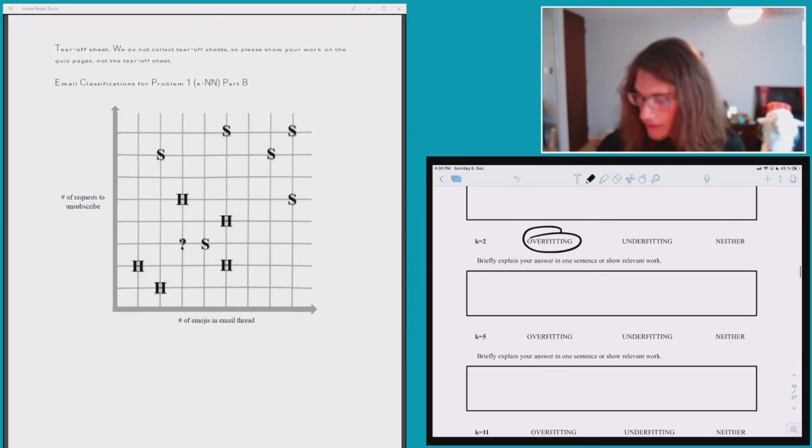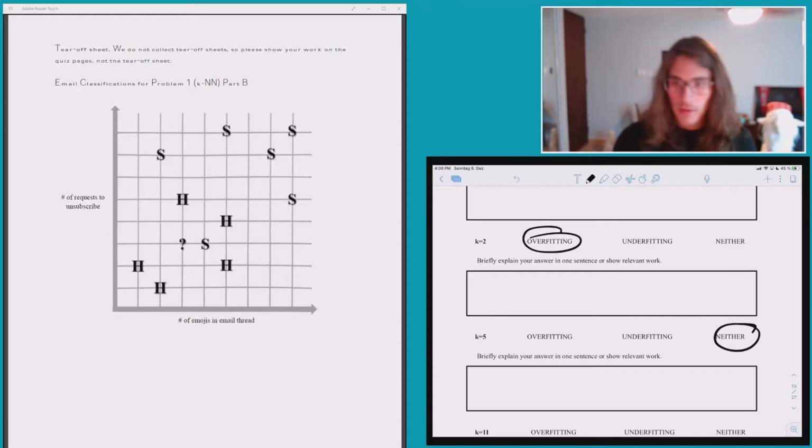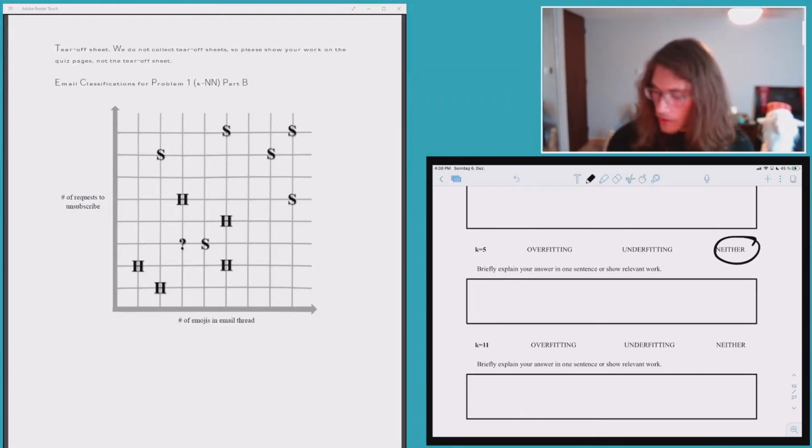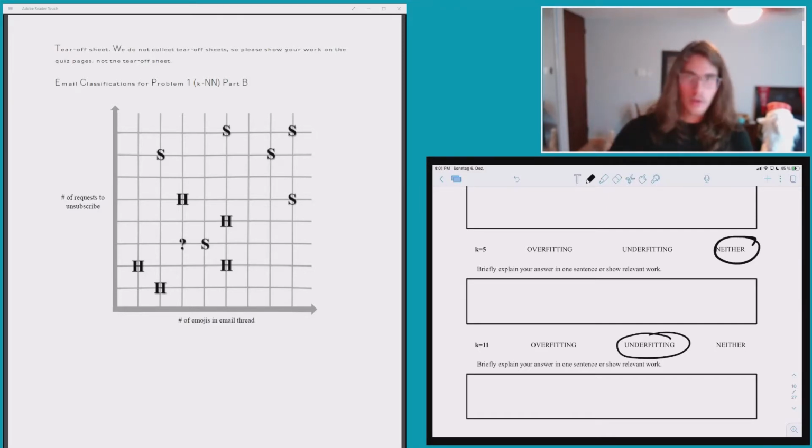Then for k equals 5, intuitively staring at the graph, we can agree points that fall inside the area of H's or surrounded by H's should be H's. So that I wouldn't consider either overfitting or underfitting, but what I would is this one, because there the algorithm saw, as you saw me, I circled the entire space of points and I just counted, are there more S's or are there more H's in this hypothesis space?